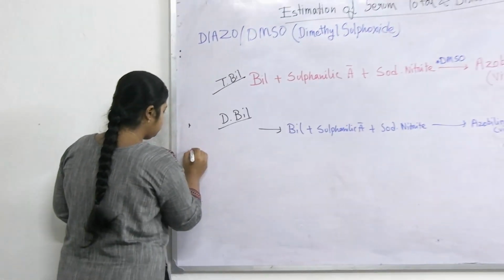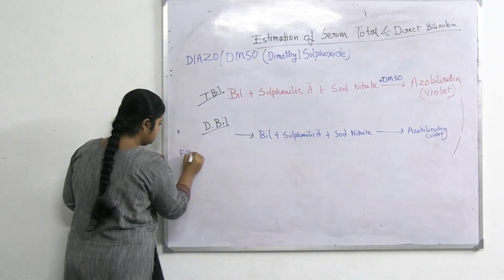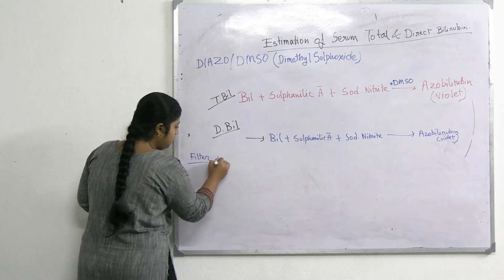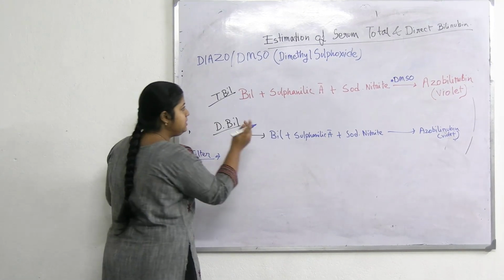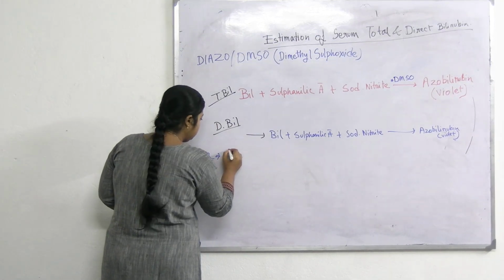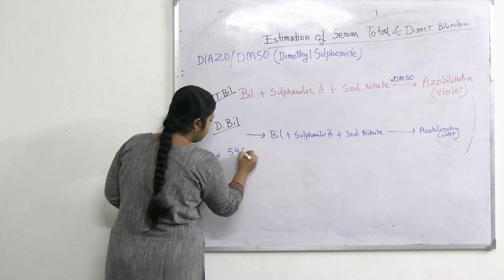So the concentration of azobilirubin produced is directly proportionate to the concentration of bilirubin present in the serum. Clear? The principle part is clear. Now come to the filter used. Which filter is used for estimation of optical density of bilirubin? It is 546 nanometer.